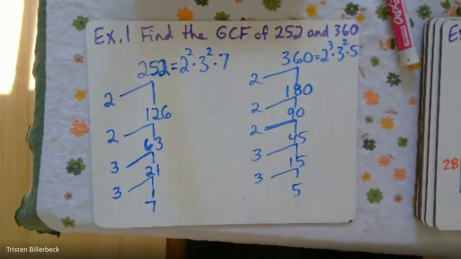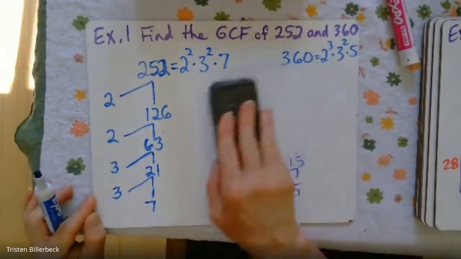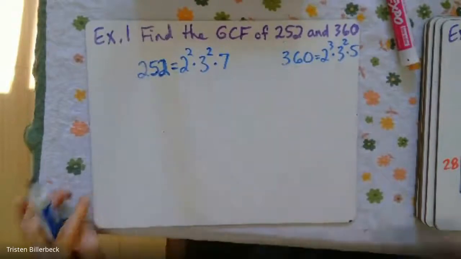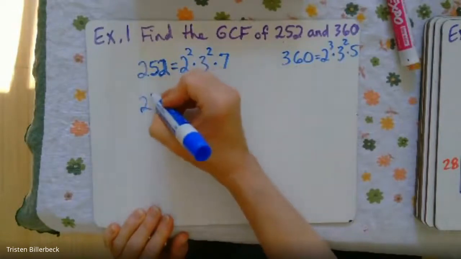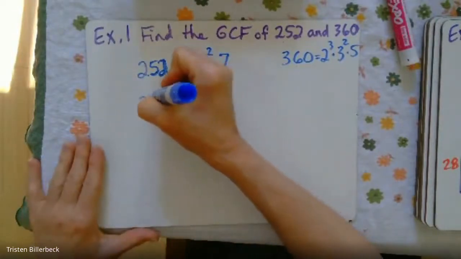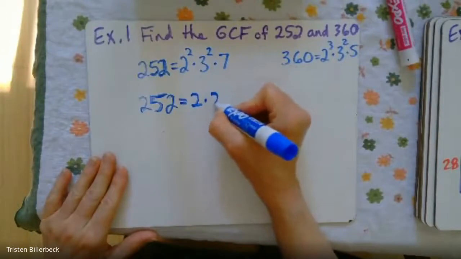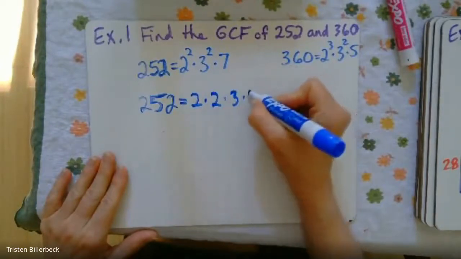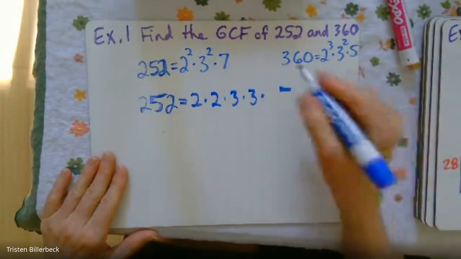All right, so now that we have those prime factorized, let's write them out and see what is the greatest common factor. So let's write them one above the other. Maybe we can see it a little more easily. 252 equals, and then I'm going to expand this out, times 7.